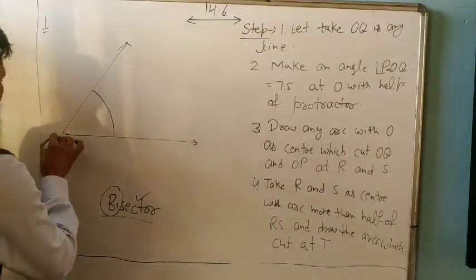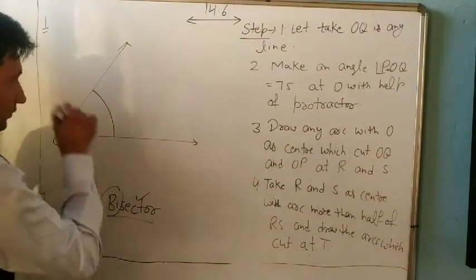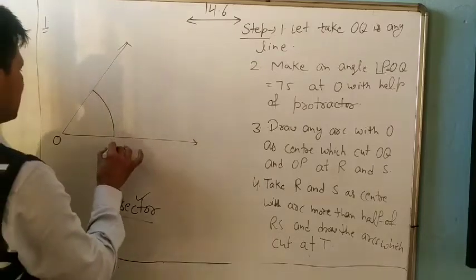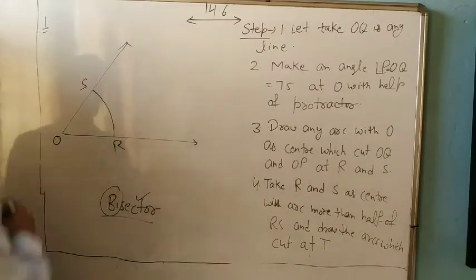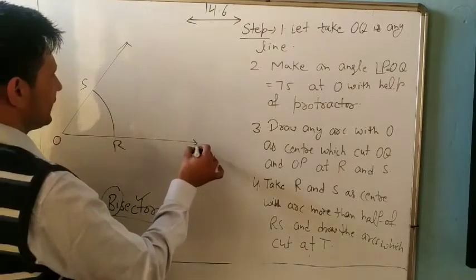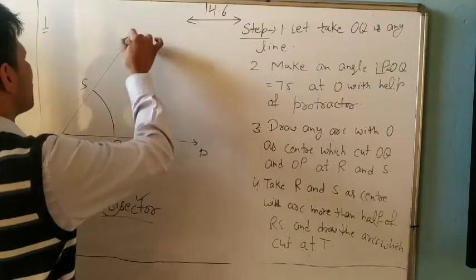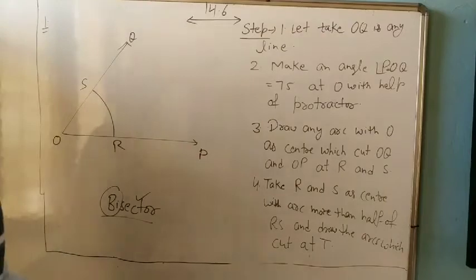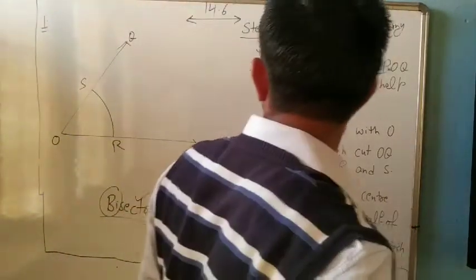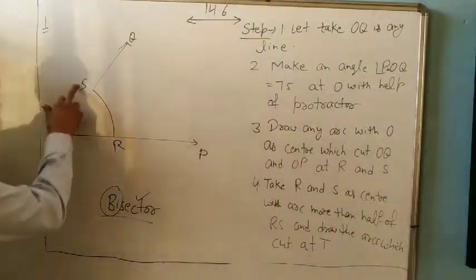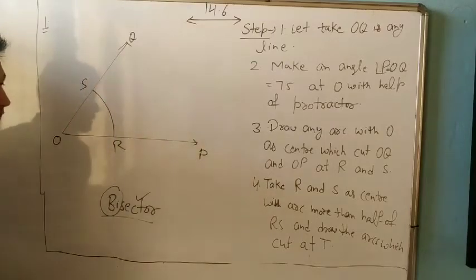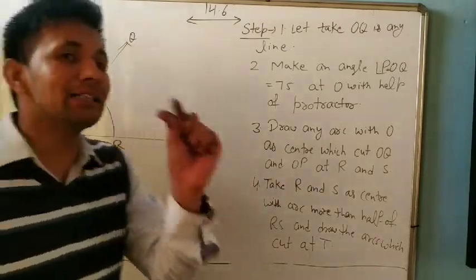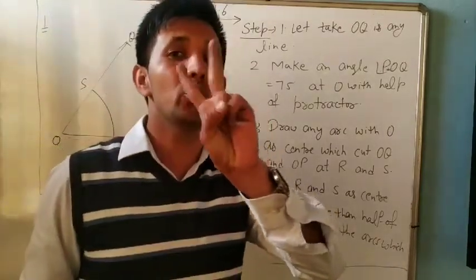Suppose it is O, and R, and S. And P, any name you can give. Whatever you want. So now take the bisector of OSR.